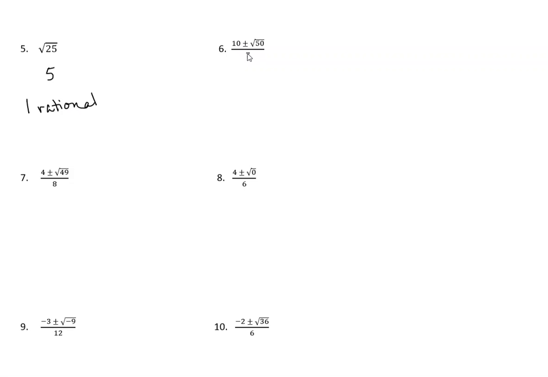Problem 6, you should be able to look at this square root of 50 and know that it's not a perfect square. I can simplify this, but I'm still going to have a square root in here. So I'm going to have irrational answers. And because I have this plus and minus in front of that, I actually have two irrational answers.